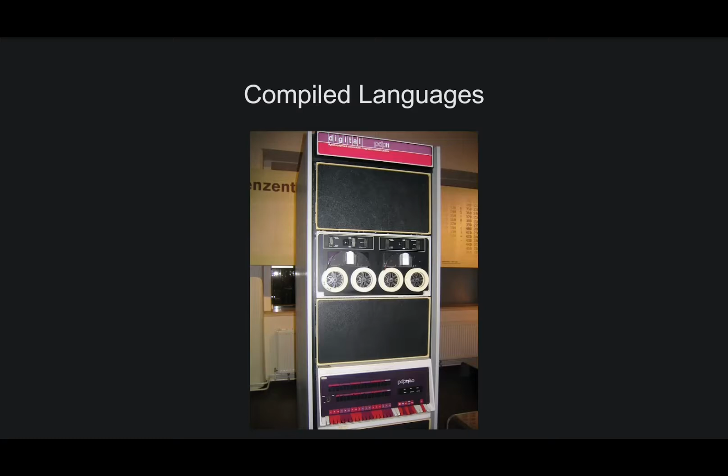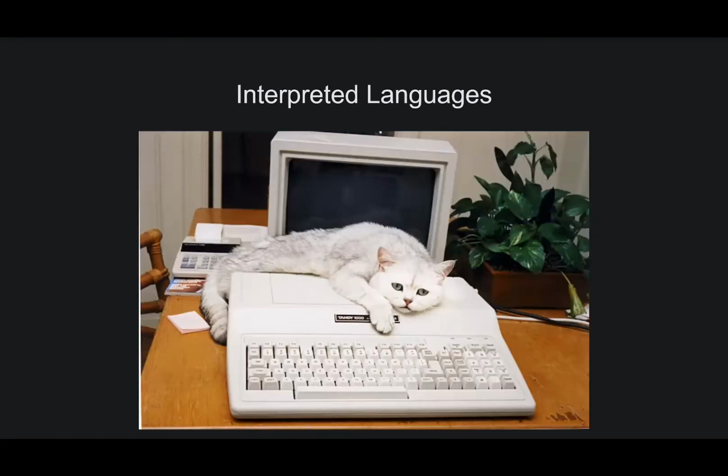Now, let's look at another approach to solve this problem. So, a compiled language: you write your code, you hand it to this compiler, the compiler turns it into native machine instructions, and you just run those native machine instructions. And that compiling process can take a while.